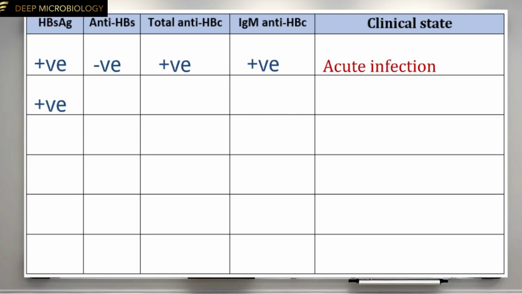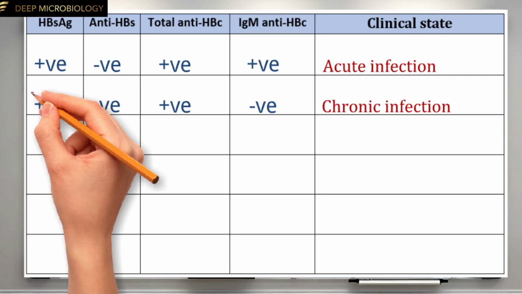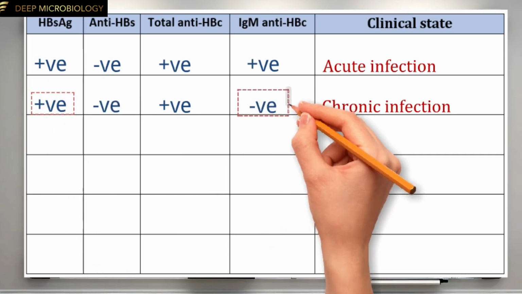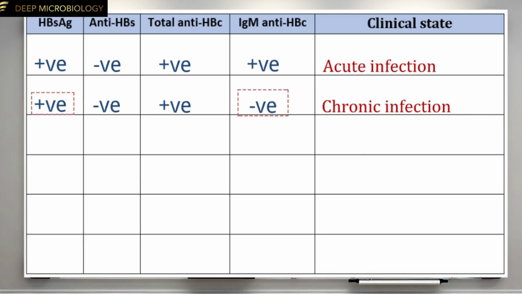Positive HBsAg, negative anti-HBs, positive total anti-HBc, and negative IgM anti-HBc indicate a chronic hepatitis B infection. The presence of HBsAg shows ongoing infection, while the absence of IgM anti-HBc suggests that the infection is not recent, confirming a chronic rather than acute infection.